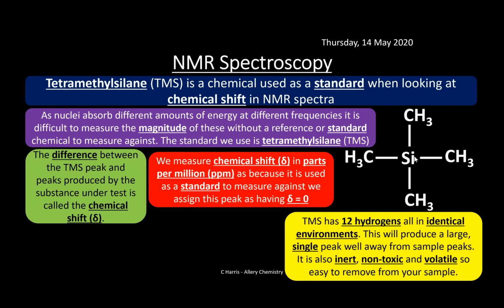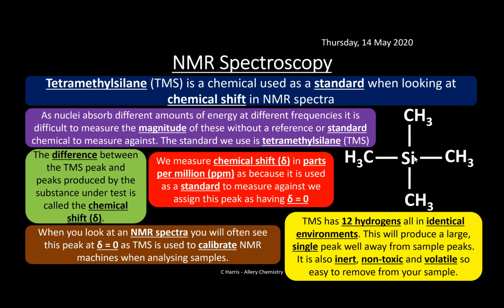We measure chemical shift in parts per million, so ppm. Because TMS is used as a standard to measure against, we assign it as sigma 0. So we say that it has a 0 value, and everything else is measured relative to that. When we look at an NMR spectrum, you'll often see this peak at 0, as TMS is used to calibrate your NMR machine when analysing a sample.